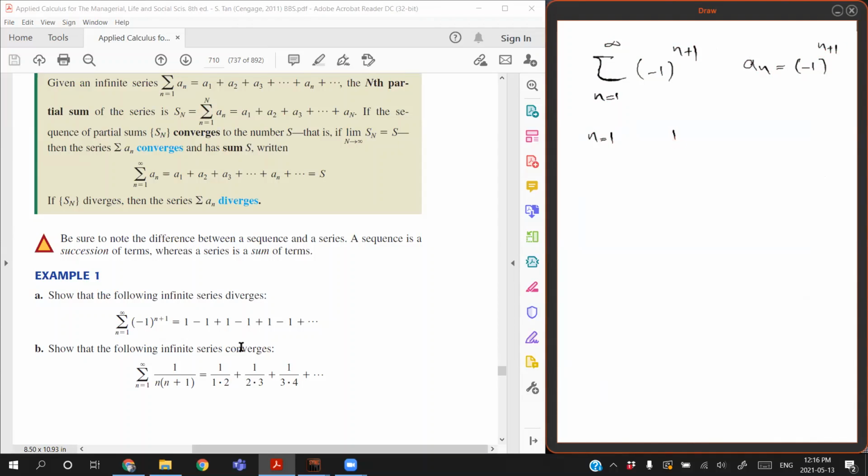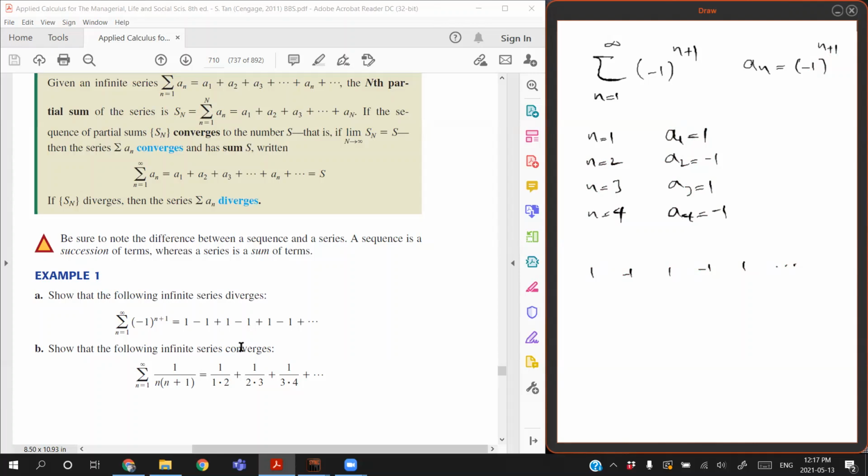That's 1. So that's my A1, which is 1. Then n is 2. I get A2. That's going to be -1 because that's -1 to the power of 3. Then I get 1. Then I get -1. And you see what happens here. So the sequence is going to look like this. It begins with a 1, then -1, then 1, then -1, then 1. It goes like this forever.